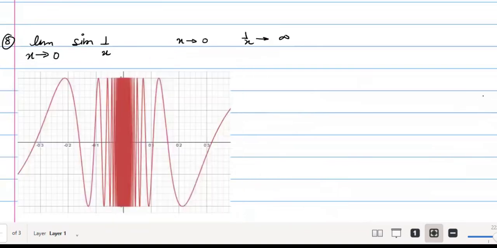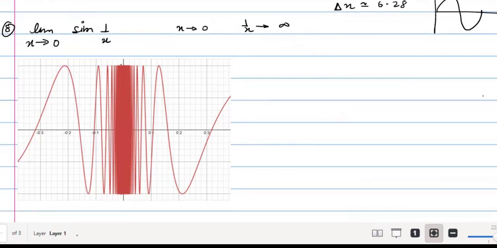So algebraically, as when I showed you the Excel sheet, I told you that a small value of x makes a big change in 1 upon x. And whenever the delta x value changes by approximately 6.28, then the sine of 1 upon x will make one complete wave. And as you're approaching zero, the change in 1 upon x is massive.